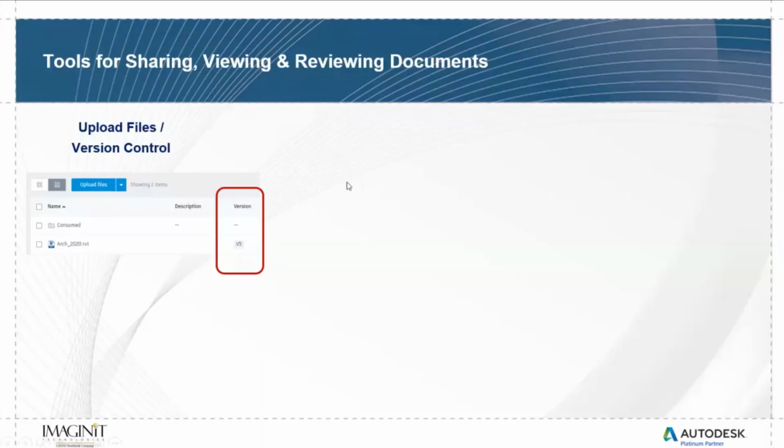Okay, so what you're seeing here, aside from uploading files, if we keep file naming the same or consistent, so for Excel files, PDF files, as we are uploading, BIM 360 is keeping a record of all of these different versions.